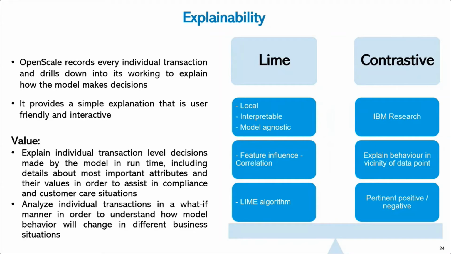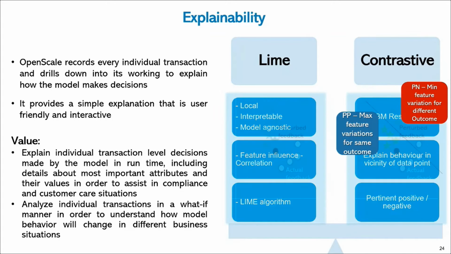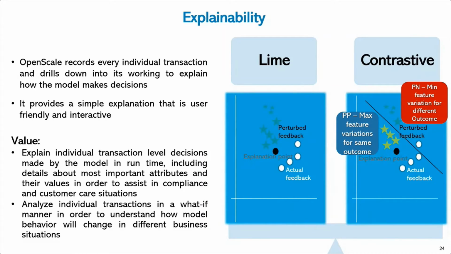Now, compared to that, contrastive algorithm is an IBM proprietary algorithm, and it tells us the maximum variance allowed in the feature set for the same outcome to hold true, or the minimum variance that is required in the feature set for an alternate outcome. Now, OpenScale provides both LIME and contrastive explanations.